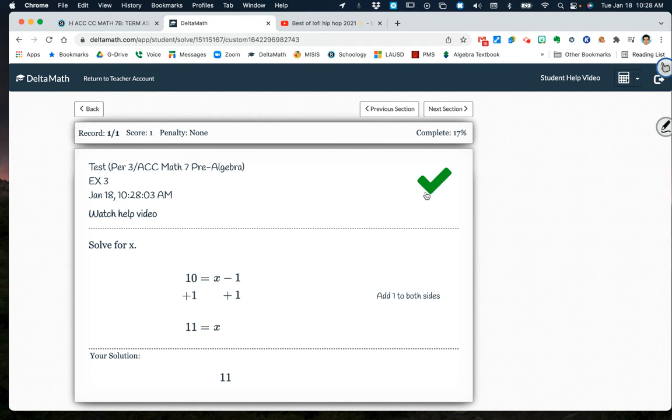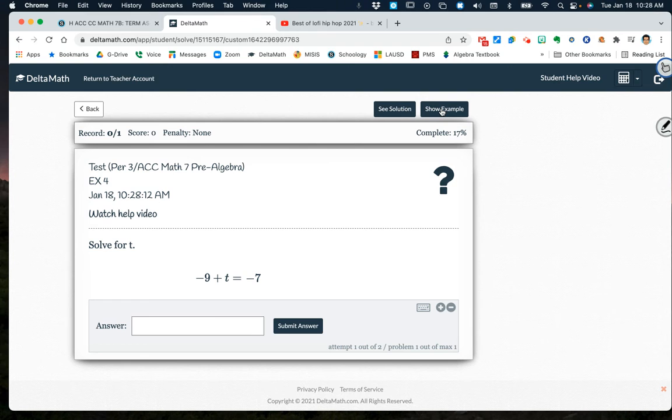Moving right along, we're on example 4. We're halfway through this. Okay, let's try this one. Negative 9 plus t equals. All right, so we want to solve by isolating the variable. And I have negative 9 plus t.